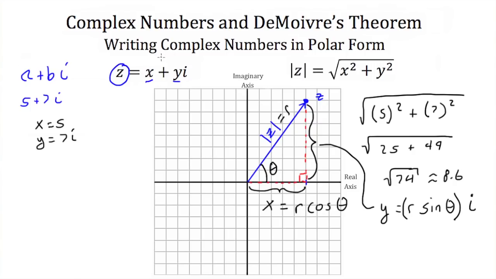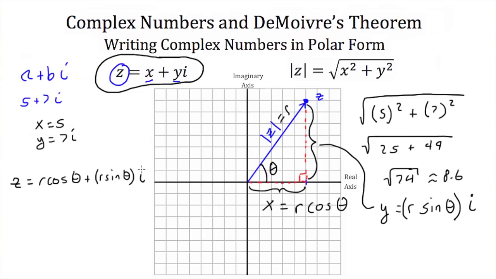So if I wanted to, I could take this form, and I can say z is equal to r cosine theta plus r sine theta times i. This is x.